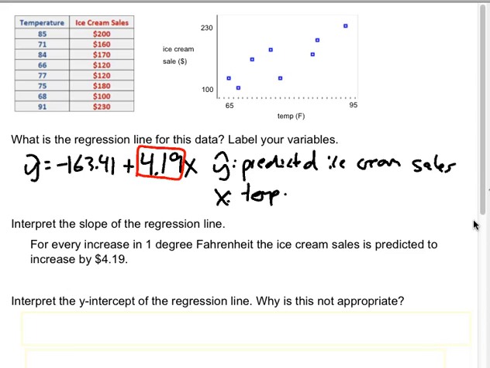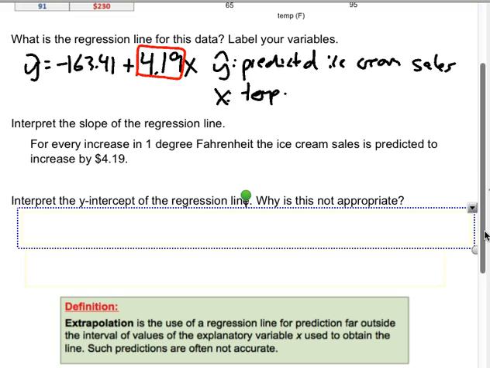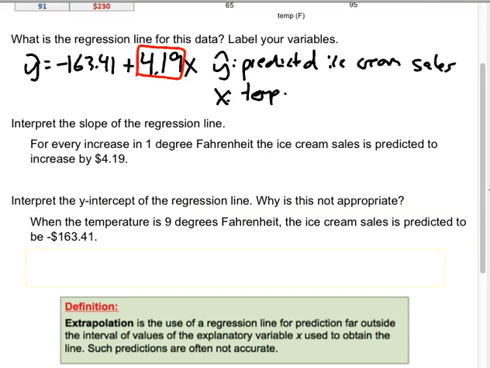And what about the y-intercept? Y-intercept is where x is 0. So it's predicting that when the temperature, that should be 0, not 9. I'm sorry. That should be a 0. The temperature is 0 degrees Fahrenheit.